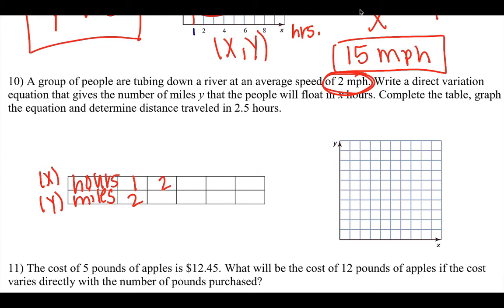Well, I've got to add another 2 miles to it. So now I have 2 more, which is 4. If I go 3, I'm adding another 2. 4, I'm adding another 2. And then I'm adding another 2 for 5.